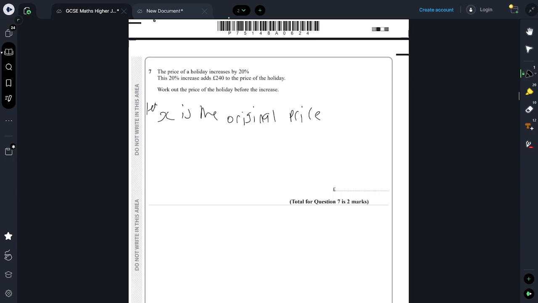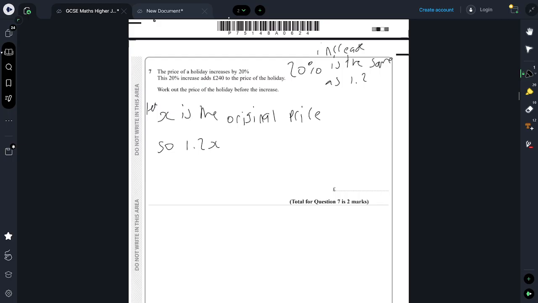Now, actually, just follow the steps that the question is giving you. So then we increase it by 20%. A 20% increase is the same as 1.2. So if you increase the number by 20%, that's the same as times it by 1.2. So 1.2x represents a 20% increase of the price.